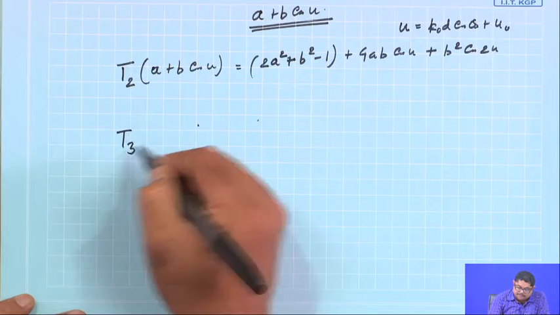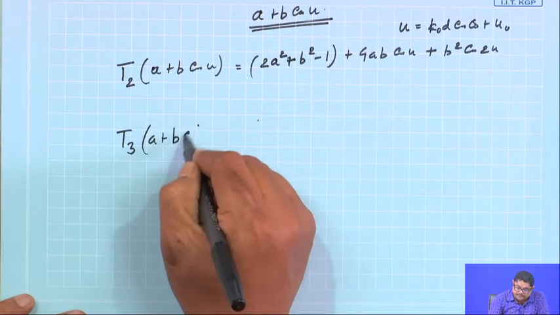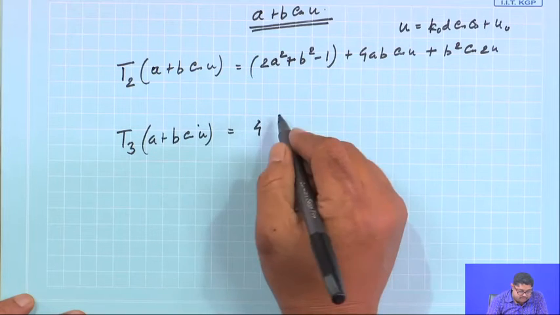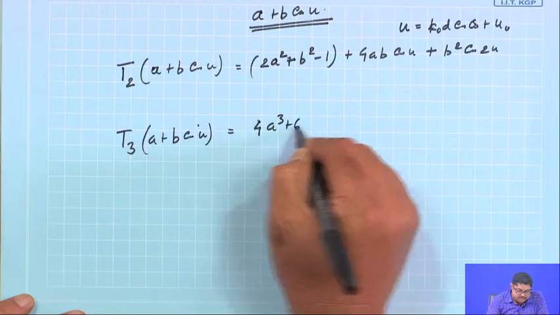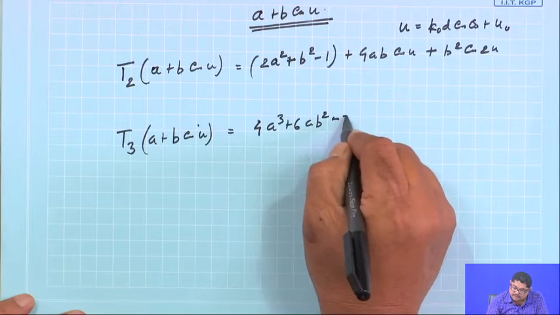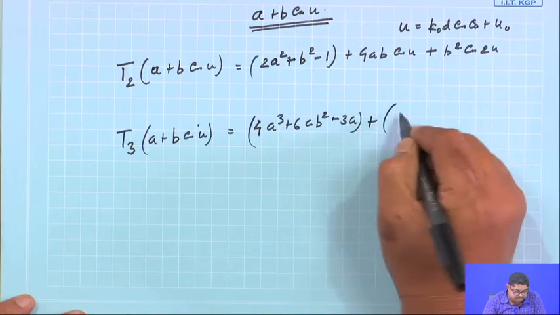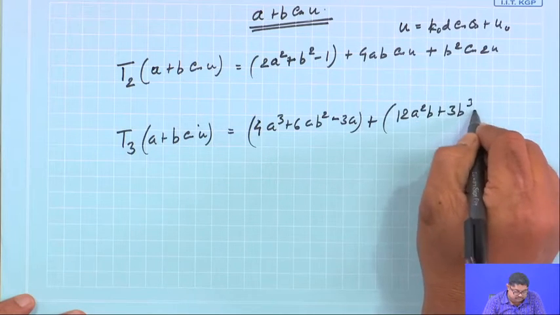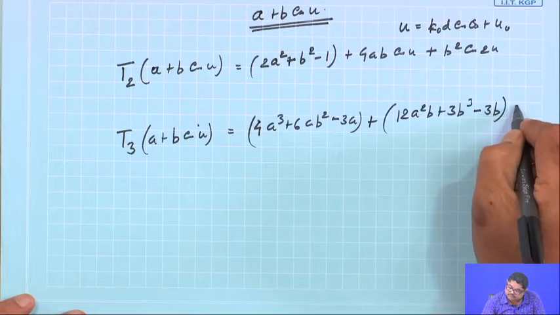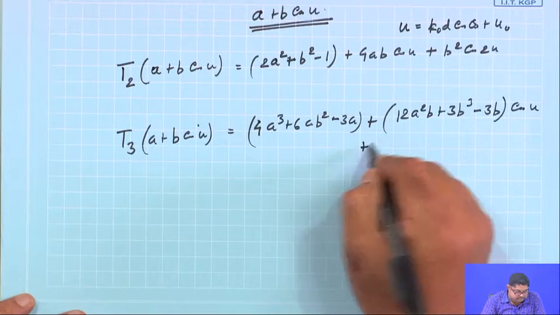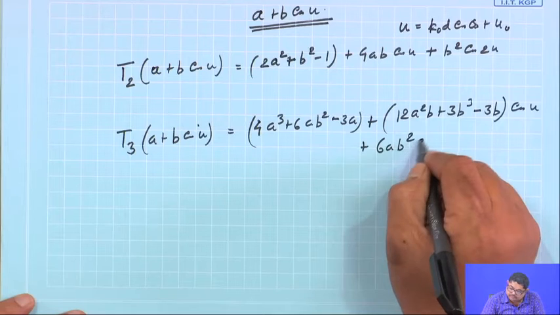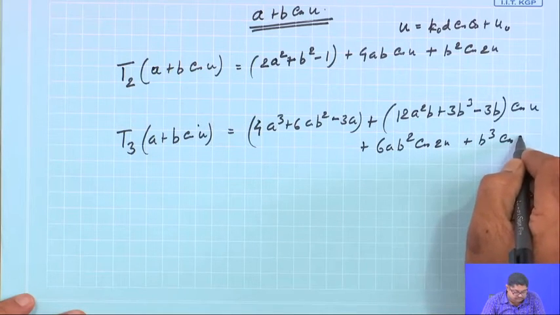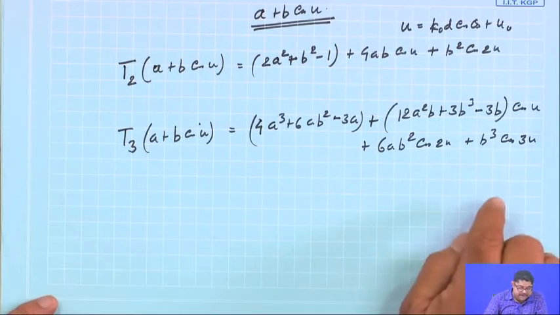If we go for T3, then that becomes 4a cube plus 6ab square minus 3a, which is also a finite Fourier series.